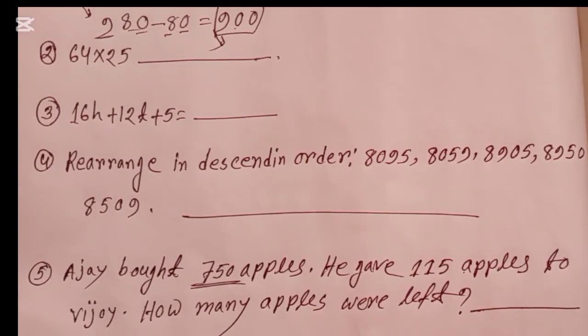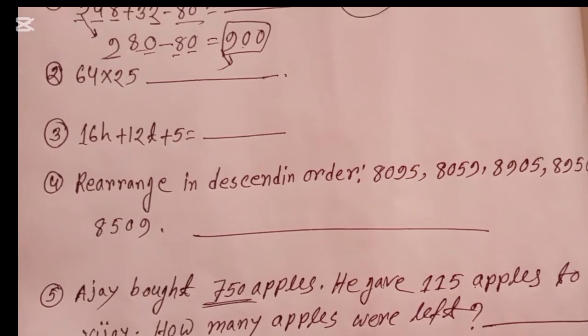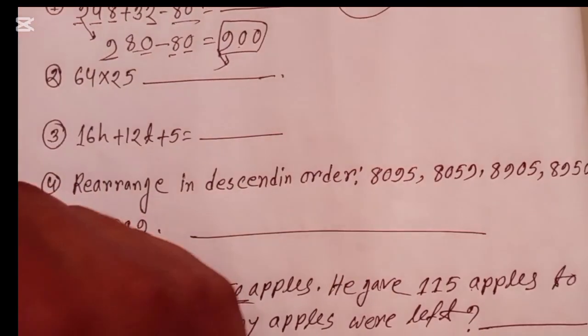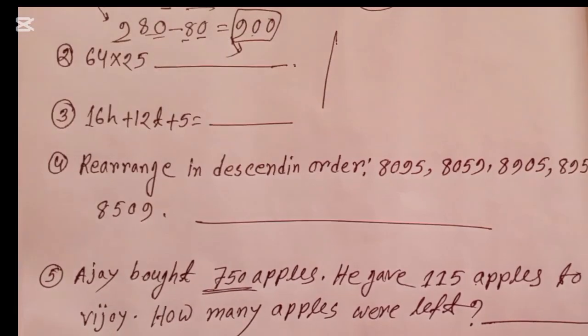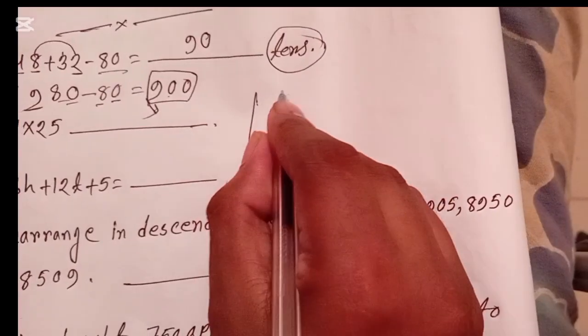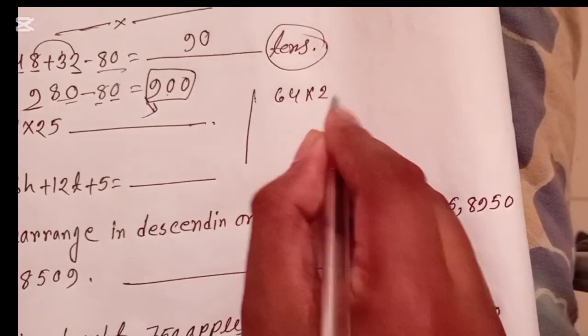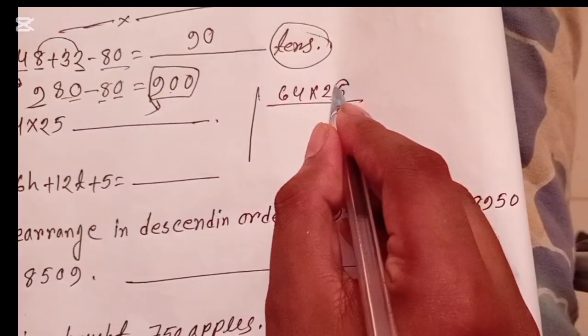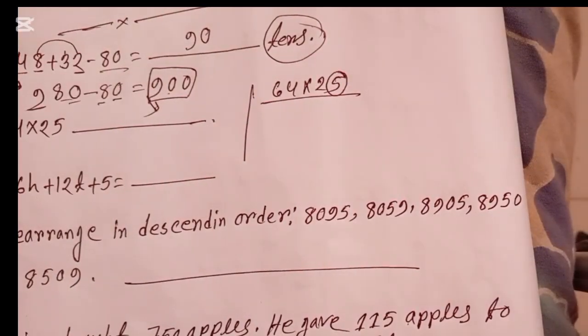The second question is, we have to multiply 64 and 25. So 64 multiplied by 25. How to multiply these numbers? Here 5 is the ones place digit.